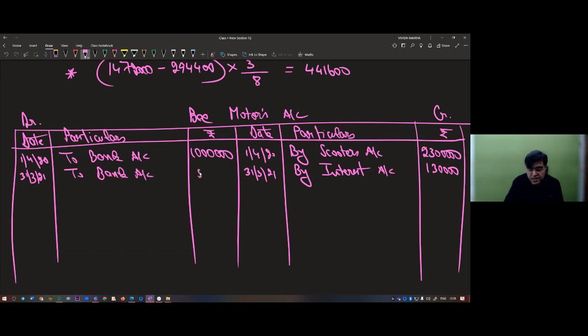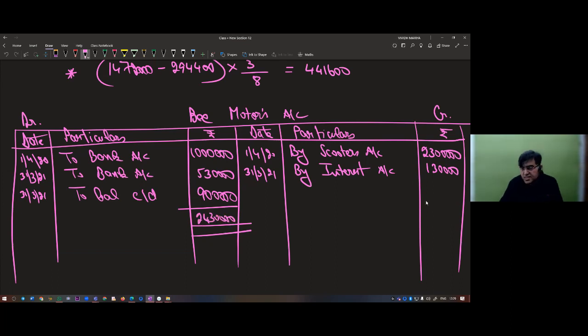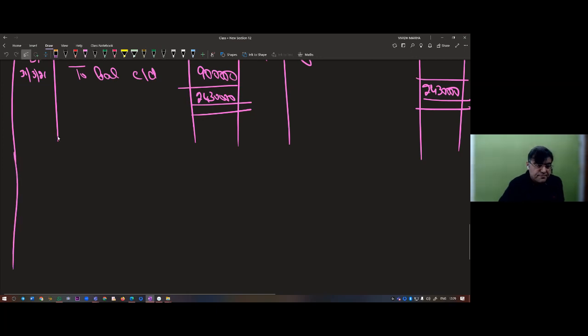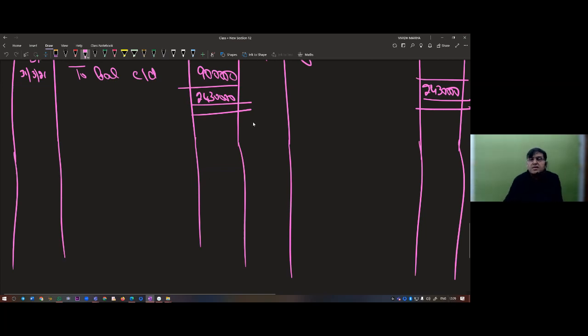The payment on 31st March at the year end will be to bank 5,30,000. 31st of March, to balance carry down will be 9 lakhs. Total 14,30,000. Now the liability is 9 lakhs.